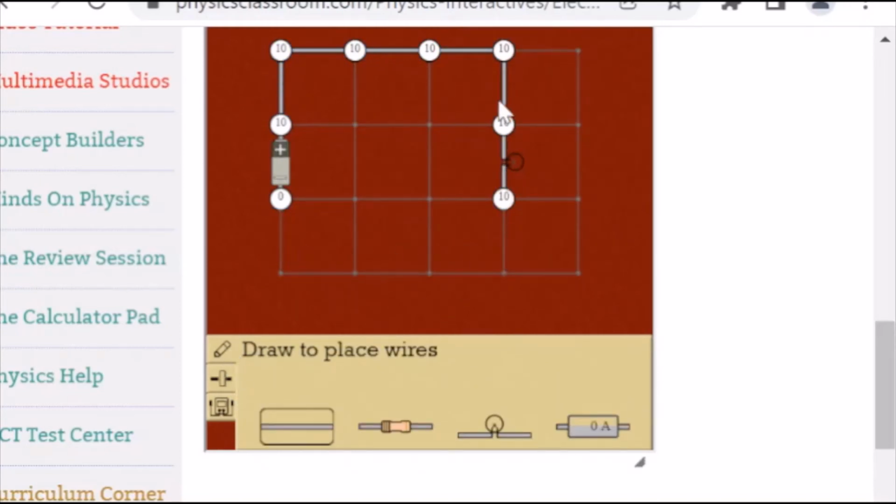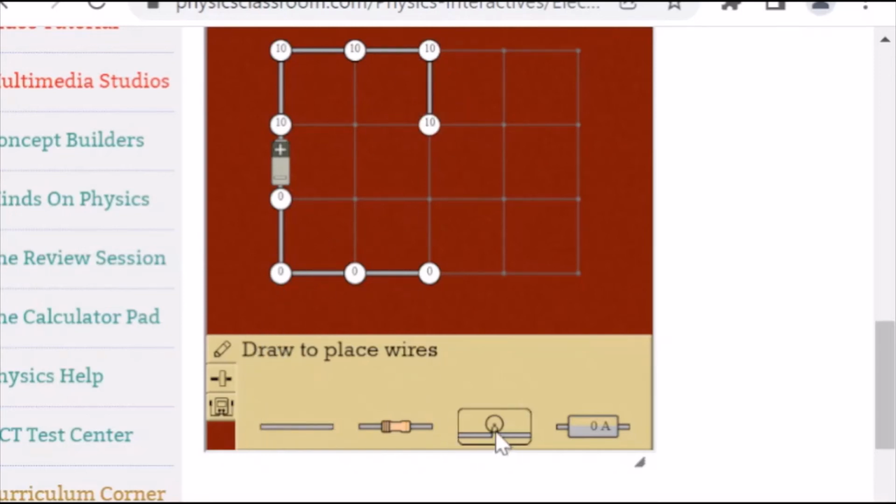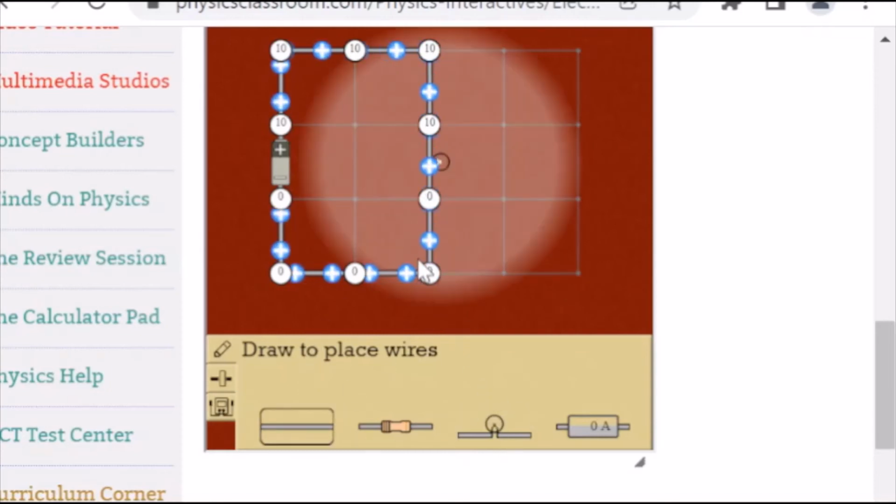It says adding more light bulbs to the series, to the circuit. So we have one dry cell, and this is a single light bulb. If you can see here, this is the size of the light bulb, the brightness of the light bulb.